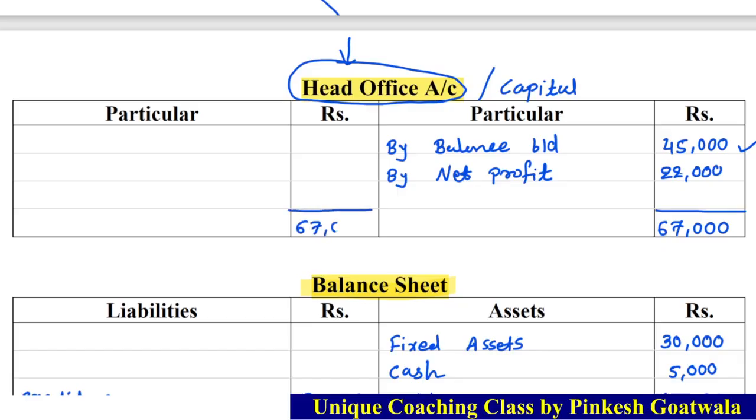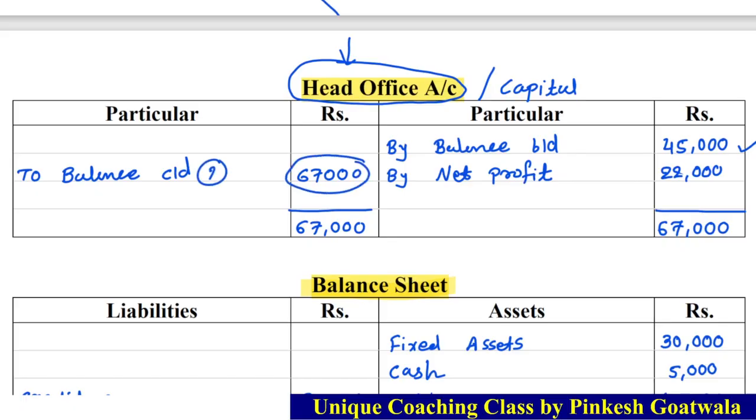And I told you it's one type of which account? Capital account. So after closing this, whatever we get is the closing balance of capital. Account close કરતા જે આવે તે capital ની closing balance કહેવાશે. Here head office ની closing balance બની જશે. It's a closing balance, that is 67,000.